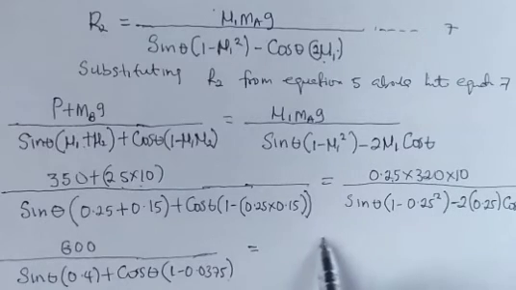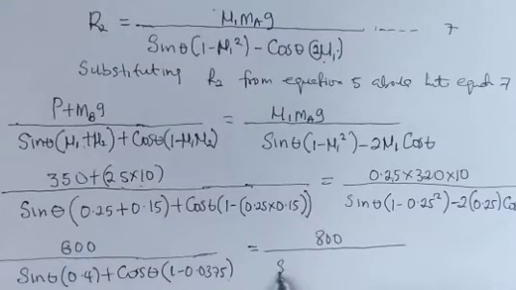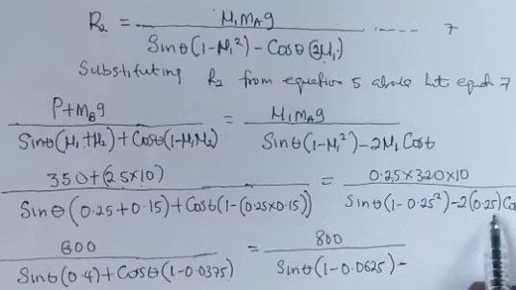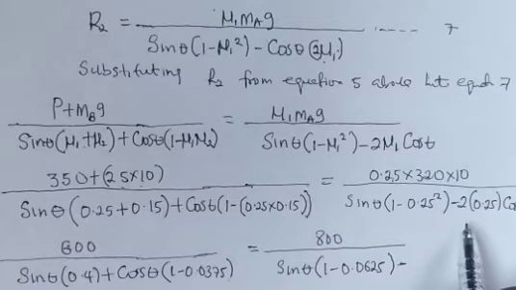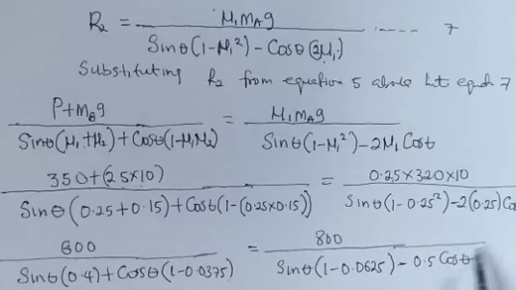So this will give us 800 all over sine theta into bracket 1 minus 0.25 squared, which gives 0.0625, close the bracket, then minus 2 times 0.25, that will give us 0.5, so we have 0.5 cos theta.